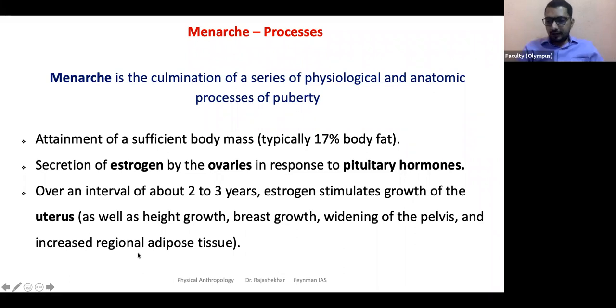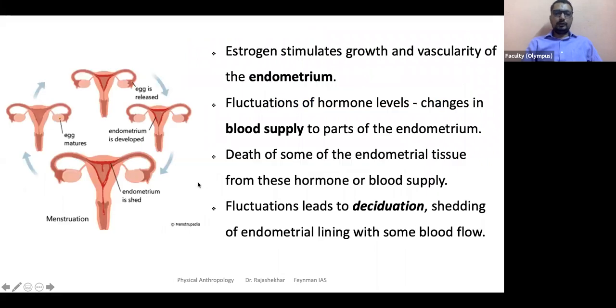We talked about this in fat distribution in 9.6, how this differs. Fat is a very important component because it is a precursor for certain hormones like estrogen. So these types of changes happen through release of the hormone estrogen, which helps the changes in the uterus as well as other changes, especially secondary sexual development in women. Okay, so this is what you notice in the process here.